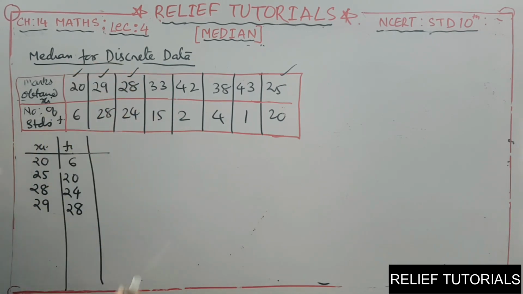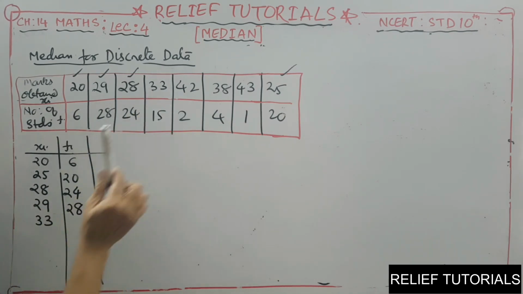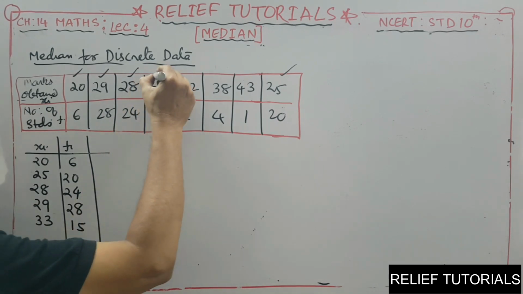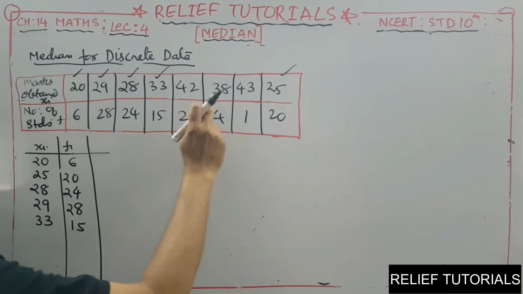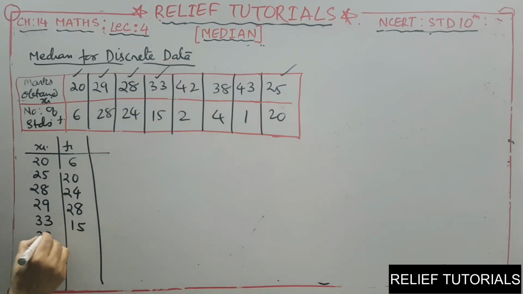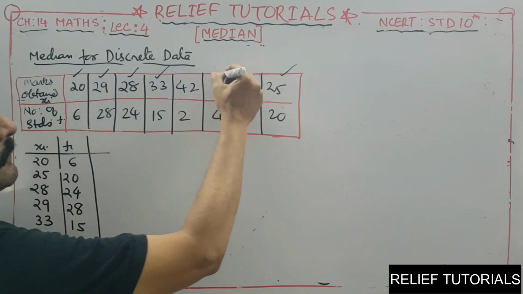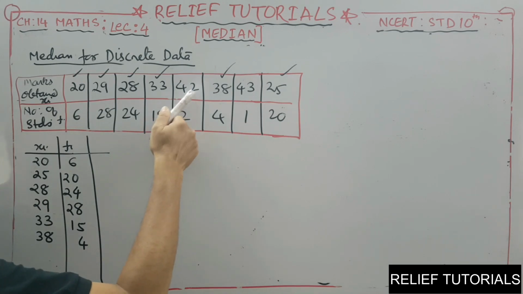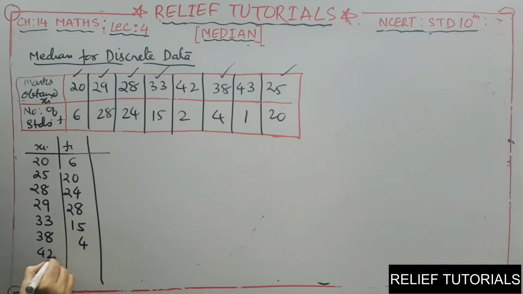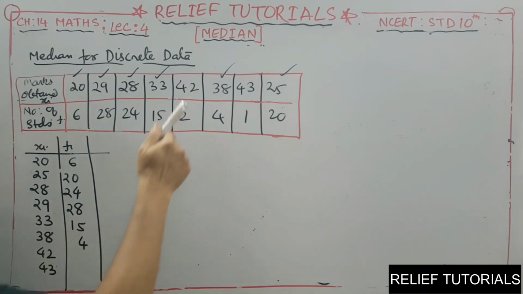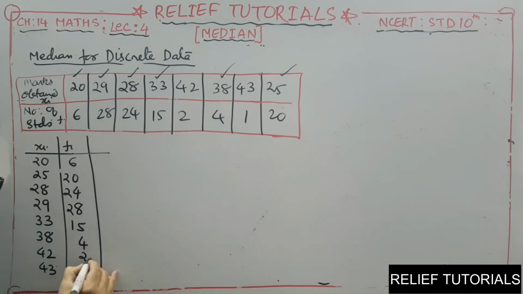Then 29. Then comes 33, 15 students. Then comes 38, 4 students. Then comes 42 and 43. 42, 2 students. 43, 1 student.